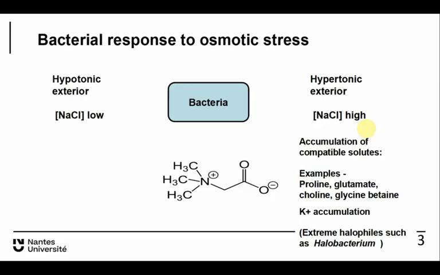Now, in hypotonic conditions, the problem for the bacterium is the opposite. So in hypotonic conditions, water outside the bacterium will tend to diffuse across the membrane into the bacterial cell, and that will cause osmotic pressure inside the bacterium. So as we all know, right, the peptidoglycan layer, the cell wall, is pretty strong.